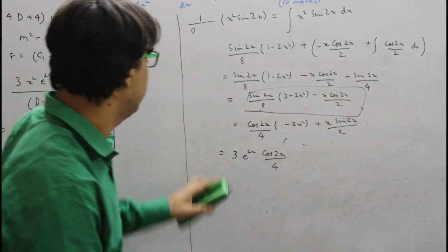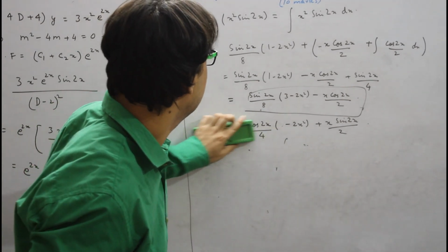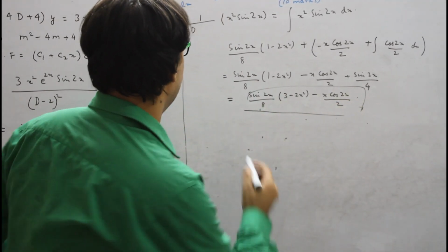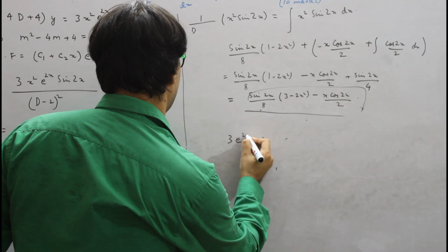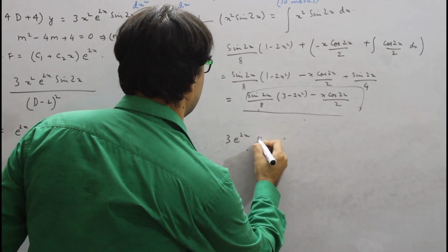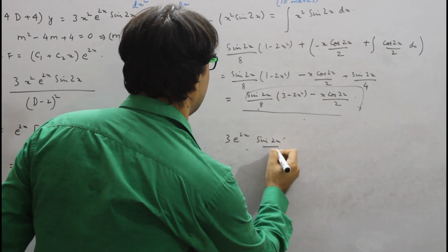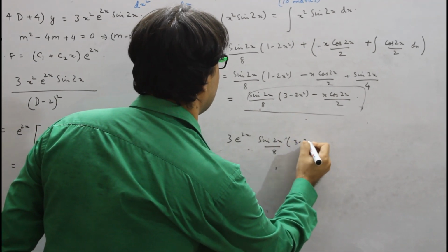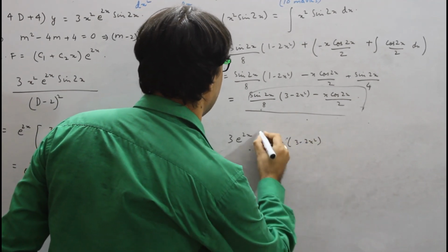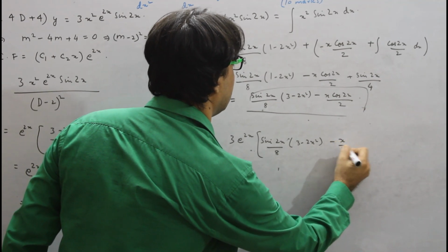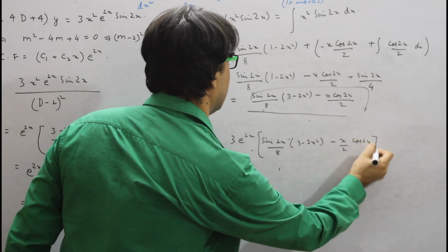So this can be written as 3 times e to the power 2x, this is our sine 2x divided by 8, 3 minus 2x square minus of x by 2 cos 2x.